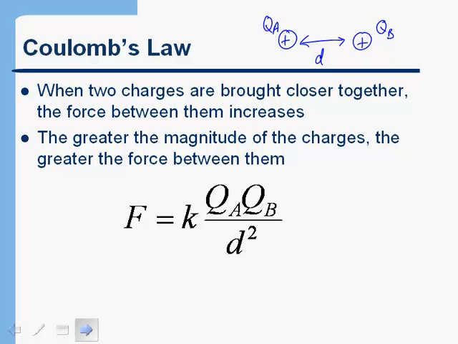It says the force between two charges is equal to K, and K is just a constant, a number that makes the units work out. So the force is equal to the charge on object 1 times the charge on object 2 divided by the distance between them squared. And you'll notice that this is another inverse square law.